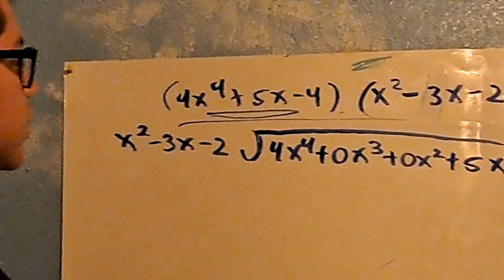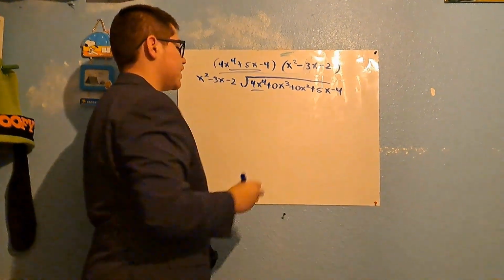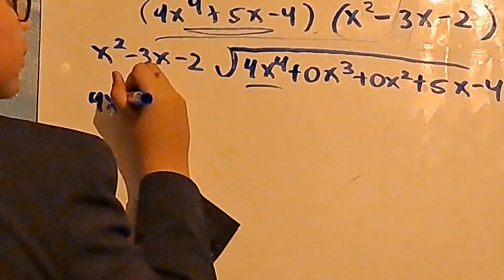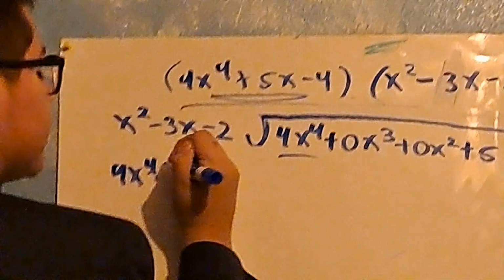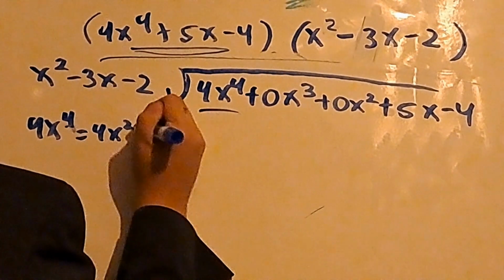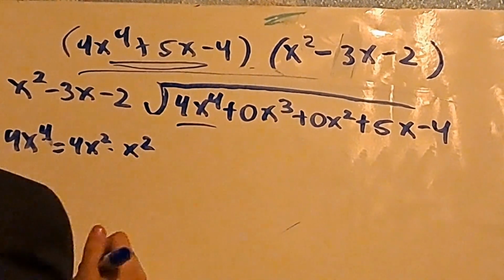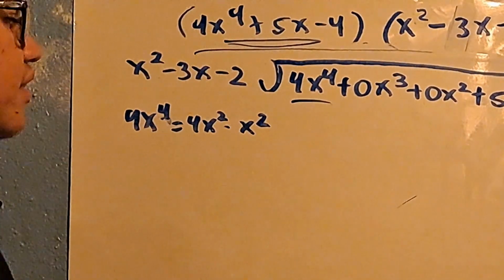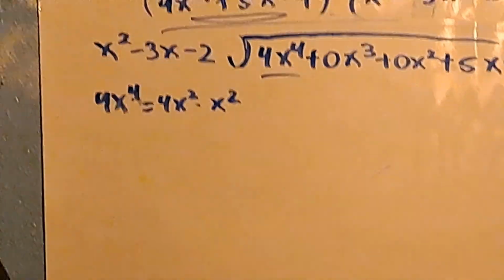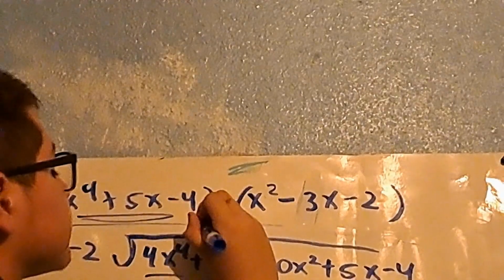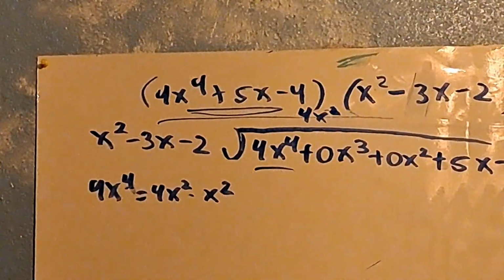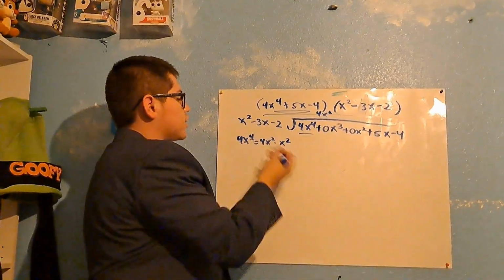So from here, what do we start to do? We break this down. We know that 4x^4 can be broken down into 4x squared times x squared. And if we do 4x squared right here, we would easily be able to multiply this across the board.